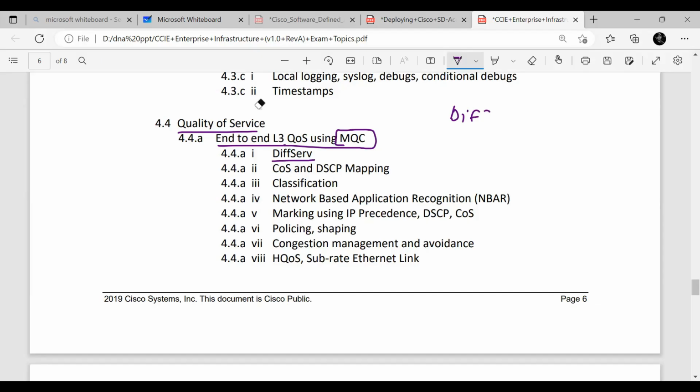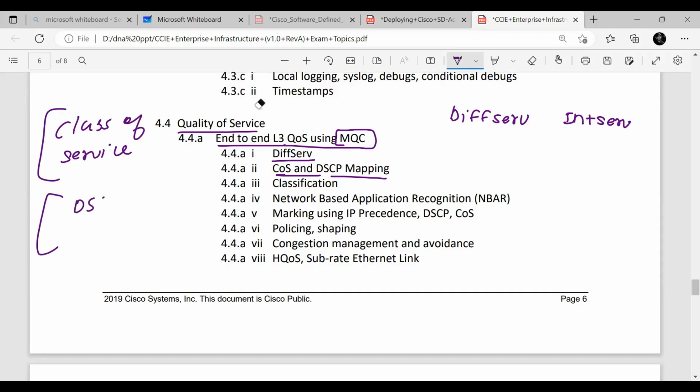So you have two models here, DiffServ and IntServ. CoS and DSCP. CoS stands for class of service, which is an old method. The new method is DSCP.